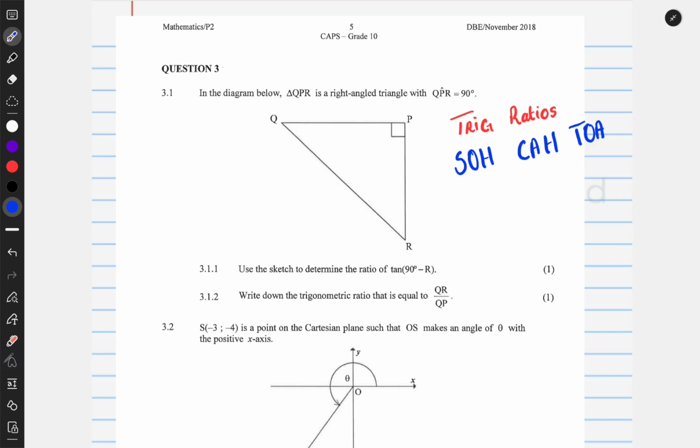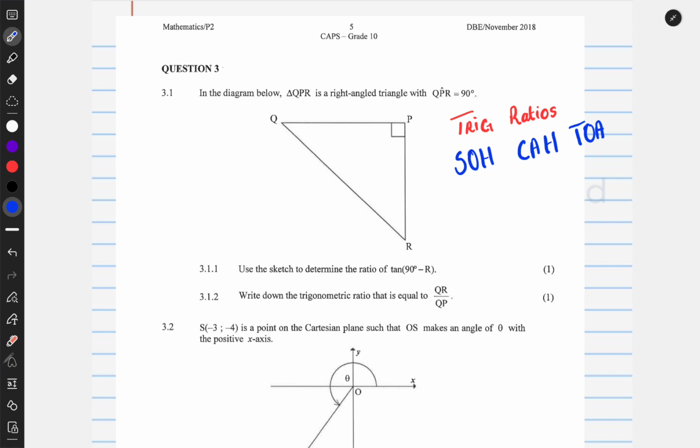With SO standing for sine of an angle is equal to the opposite side over the hypotenuse side, and CA stands for cosine of an angle is equal to the adjacent side over the hypotenuse side, and then TOA is for tangent is equal to the opposite side over the adjacent side.